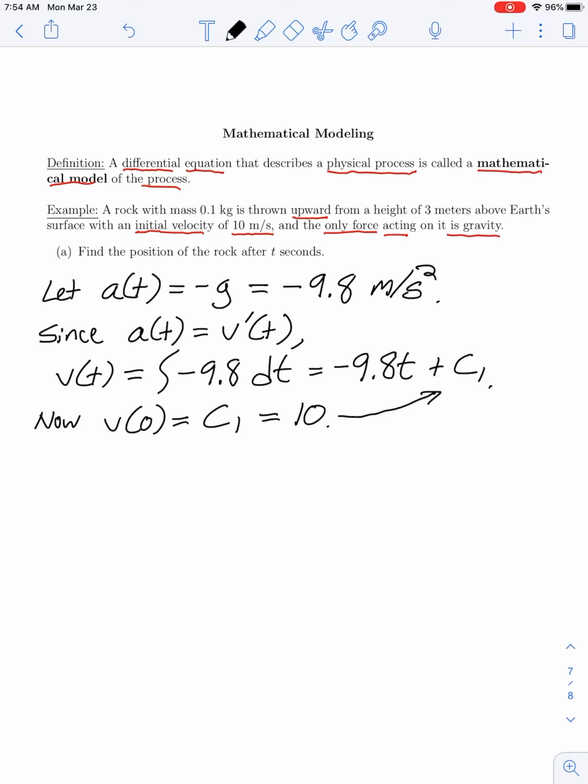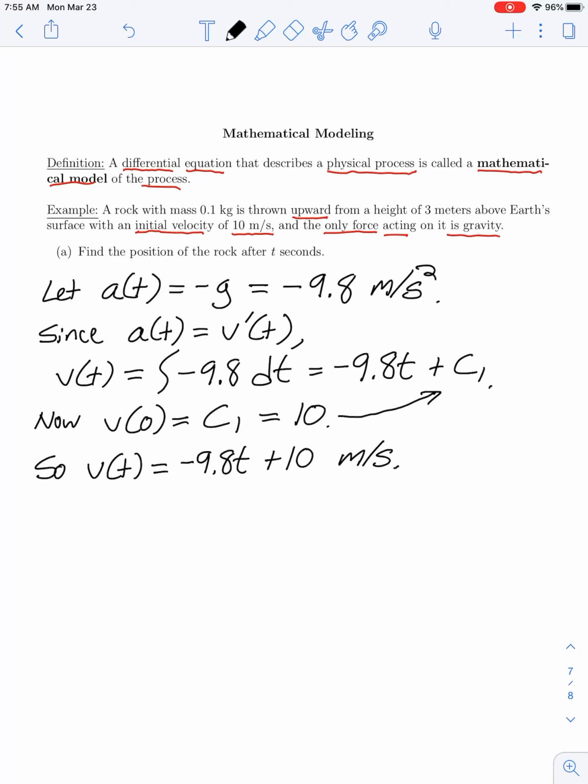So taking that constant 10 for c1 and substituting back into the general form for velocity, we find that v of t is equal to negative 9.8 t plus 10, where velocity is being measured in meters per second.